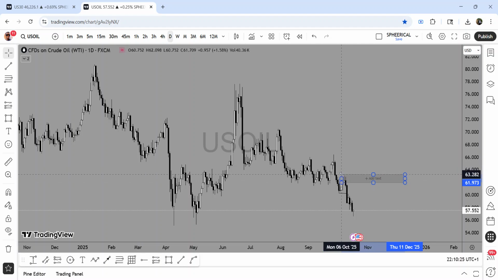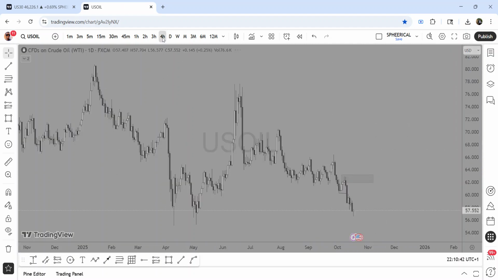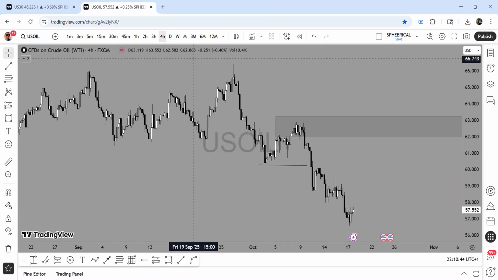So we're going to go down to 4 hours to check for more key levels, because I take key levels on one day and 4 hours. That is where I normally take my key levels. Now the way I mark my key levels. So let's adjust this. Our break of structure in one day.